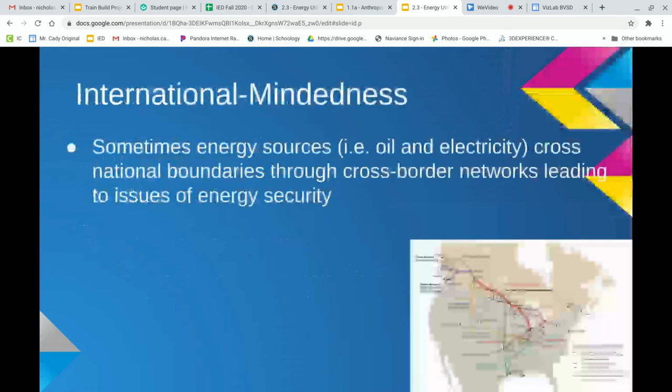And a lot of those pipelines would have to go through Canada to get to us. So we kind of rely on those pipelines being safe and making sure that nothing happens to them so that we have a steady flow of energy. You can see how in other places in the world that might not work out as well, as the borders may not be quite as safe.